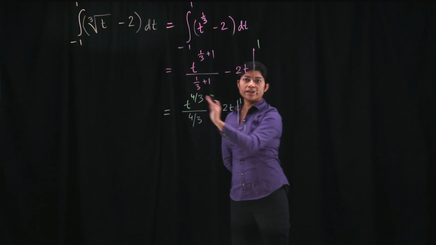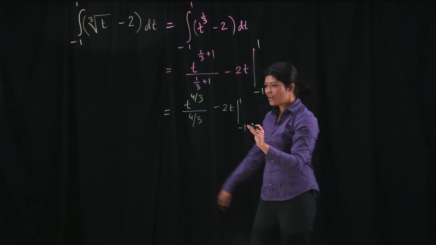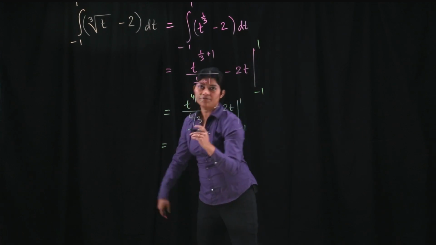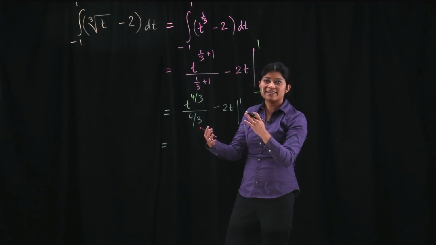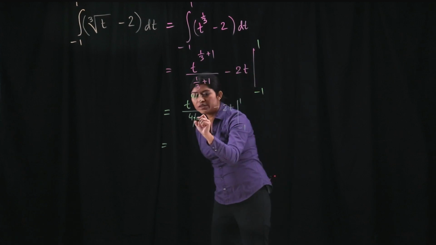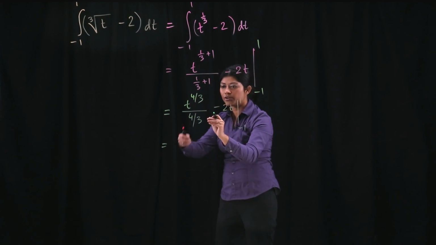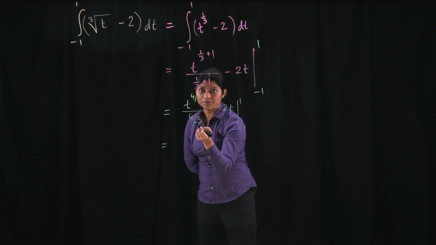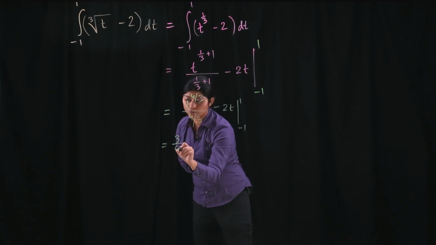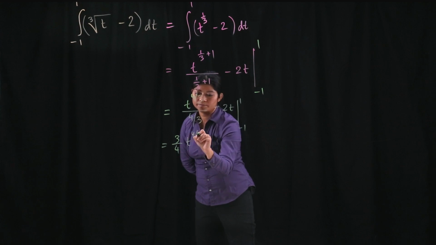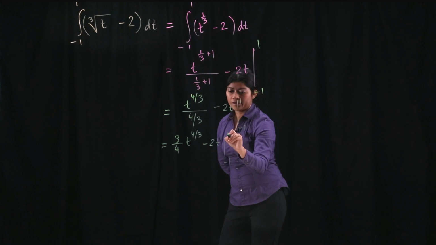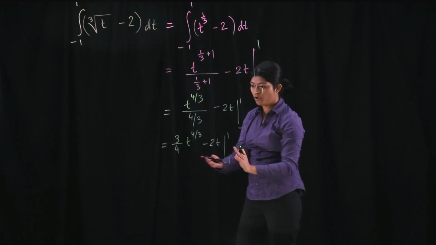Notice you can plug in 1 and -1 right away, but I always like to simplify this constant a little bit so that I don't have a fraction inside a fraction. It makes it easier in the end. So instead of having this 4/3 in the denominator, you can bring it to the numerator and flip the fraction. So it'll be 3/4 t to the 4/3 minus 2t.